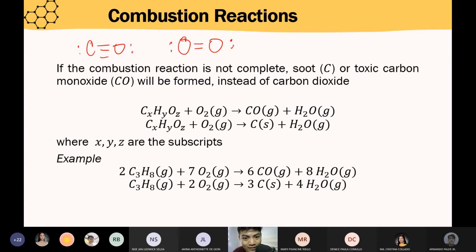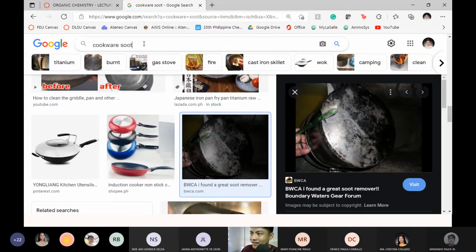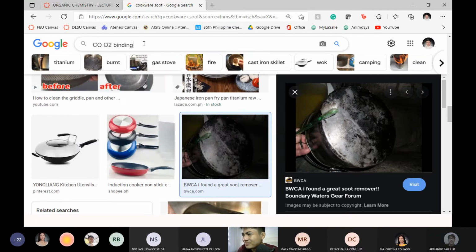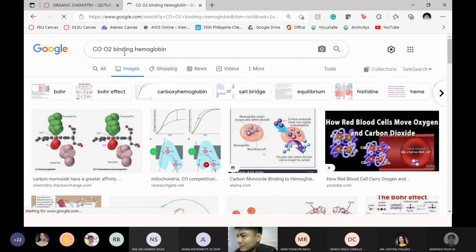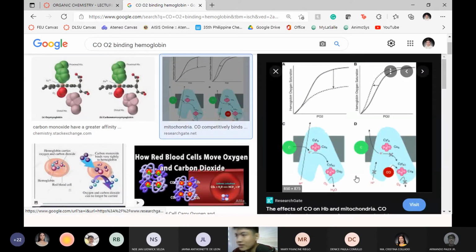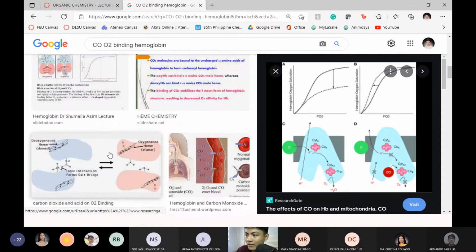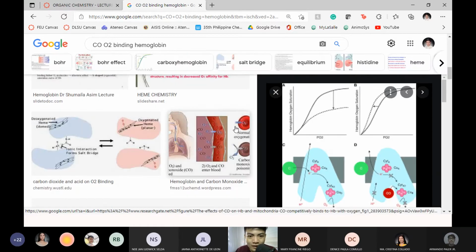Okay? So, merong graph niyan. Ayan. So basically, what happens here is that dito pinapakita sa graph na to yung binding ng oxygen at binding ng carbon monoxide sa hemoglobin natin.